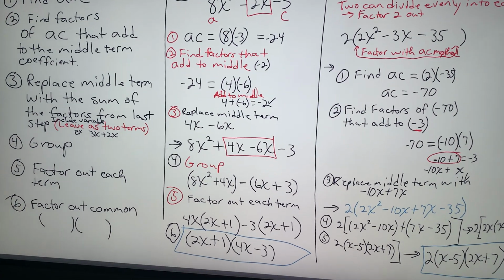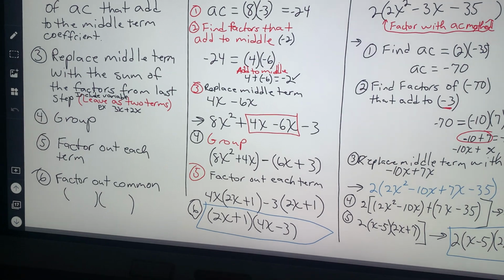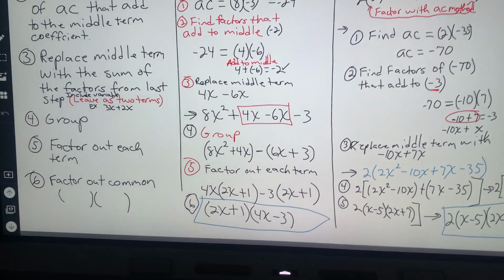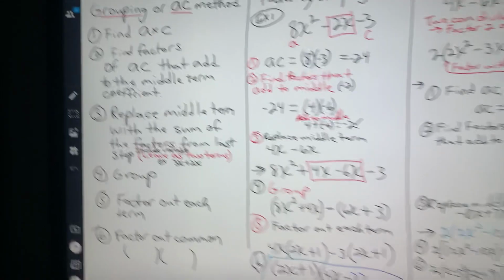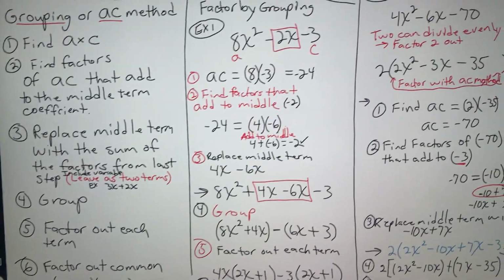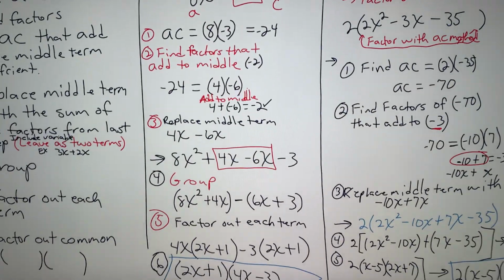Now we find factors of -24 that will add up to the middle term, which is -2. So all of these steps are what you are taking when we're solving this problem here.